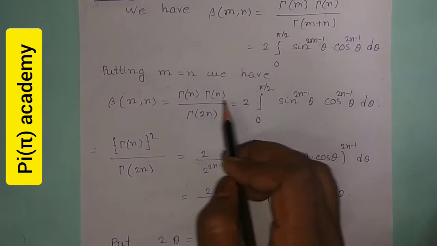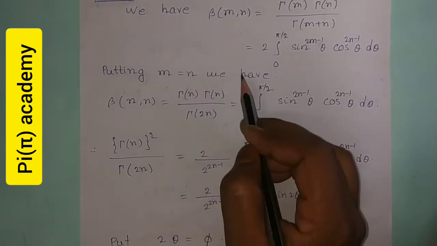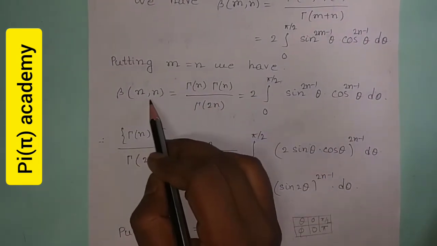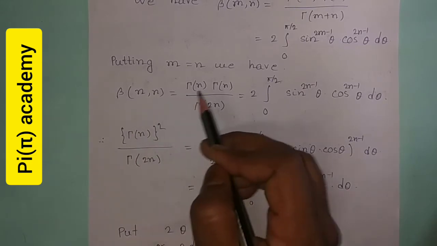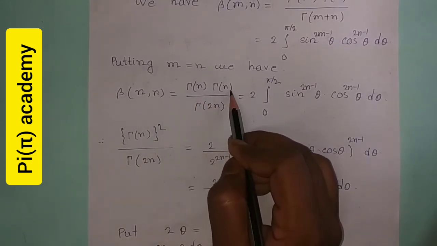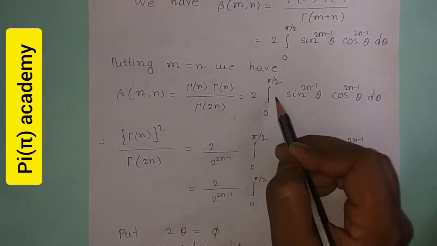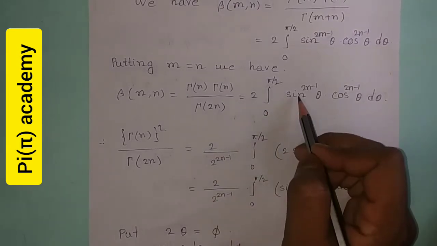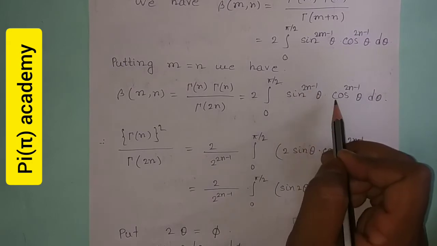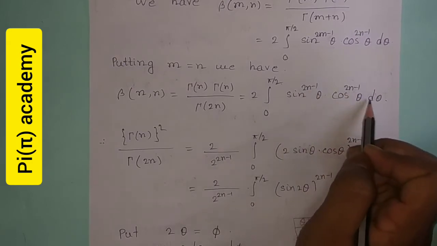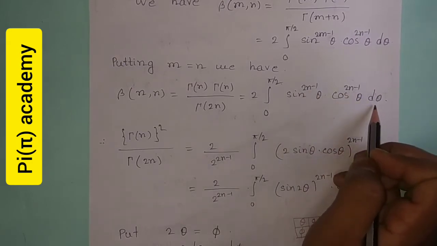Now putting m equal to n, we have beta n comma n equal to gamma n into gamma n divided by gamma 2n and equal to 2 into integral 0 to pi by 2 sine to the power 2n minus 1 theta cos to the power 2n minus 1 theta into d theta.